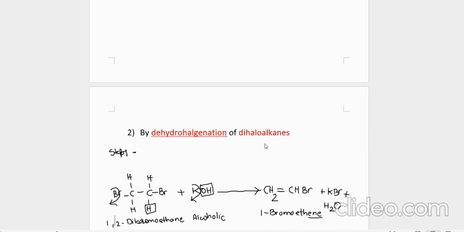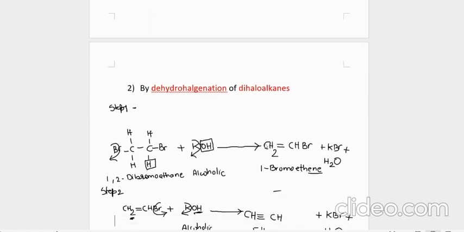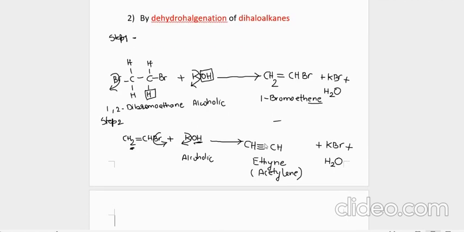Second method is by dehydrohalogenation of dihaloalkanes. Dehydro is removal of water, and dehalo is removal of potassium bromide. Write it in two steps.